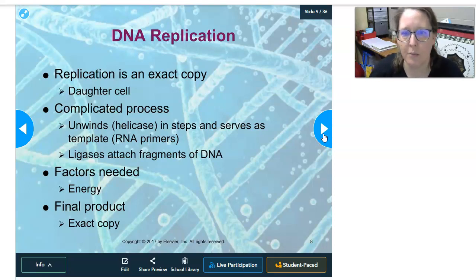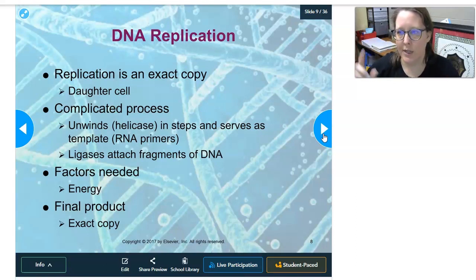DNA replication is a complicated process. The molecule helicase has to unwind the DNA. The two strands have to separate because they're twisted, so it has to open up and unwind. Each strand serves as a template, and RNA primers are needed to start the process.